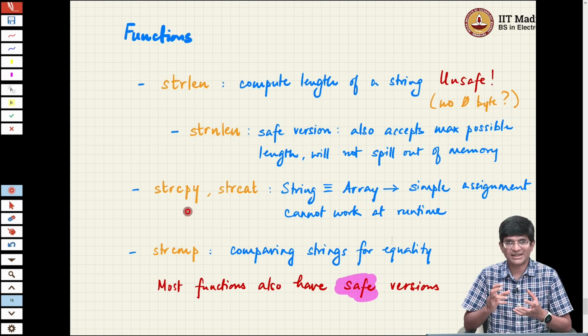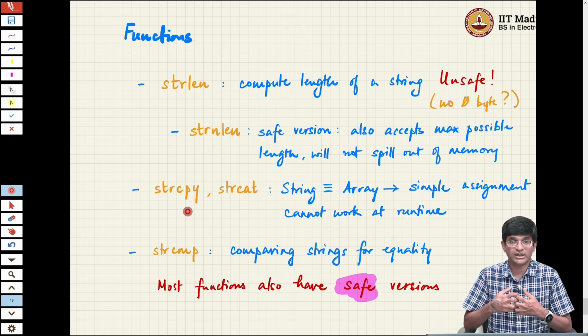And as I said, there are safer versions of these that do not have the problems related to the null bytes missing at the end of the string and so on, but we will look at a couple of examples of string copy, string cat and so on. Similarly, another common operation with strings which may not be so common with integer arrays is to check if two strings are equal. It is unlikely that I would take two integer arrays and very often want to check whether they are equal to each other.